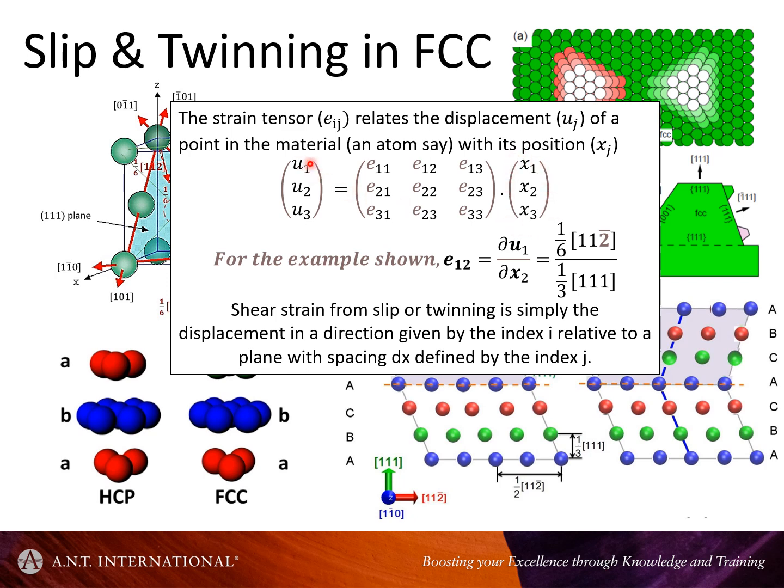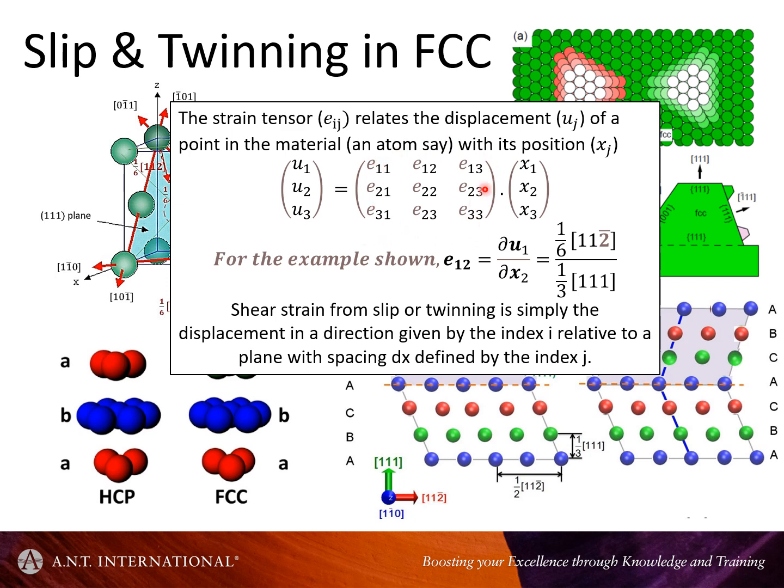So we have a displacement relative to a position. So if we have an atom which is in position x1, x2, x3, or just x1, it can be related to a displacement by this matrix, which is the strain tensor.